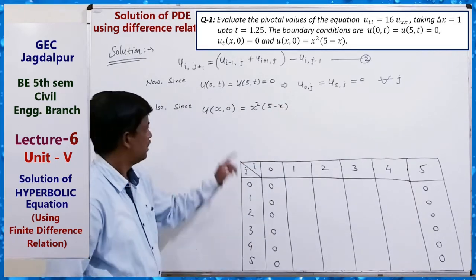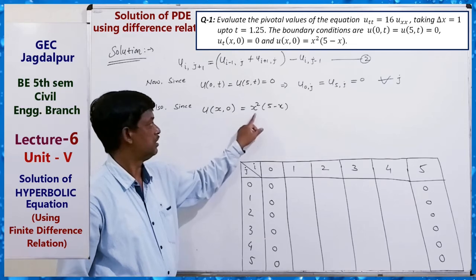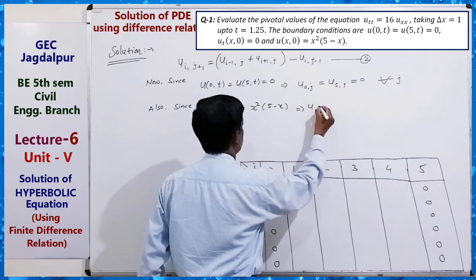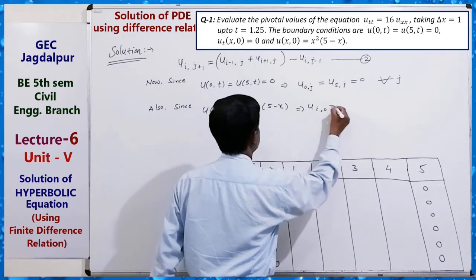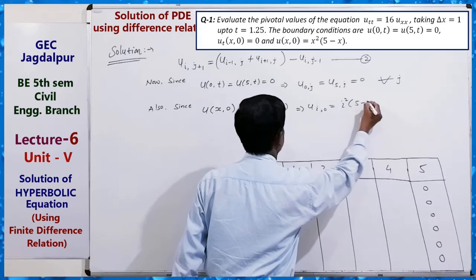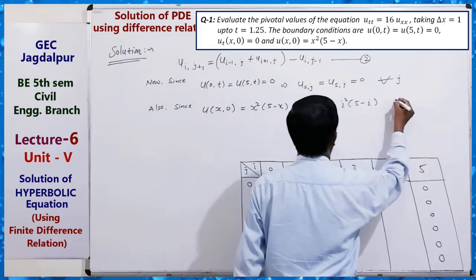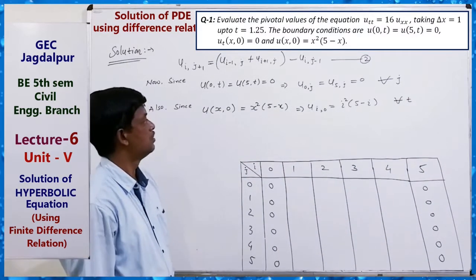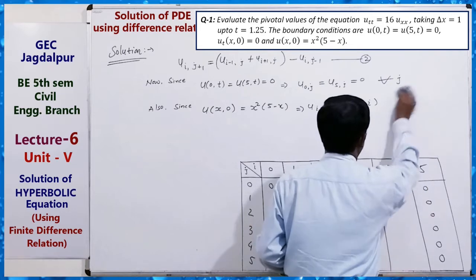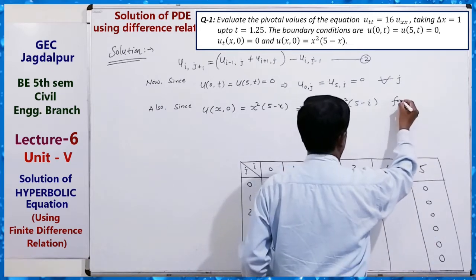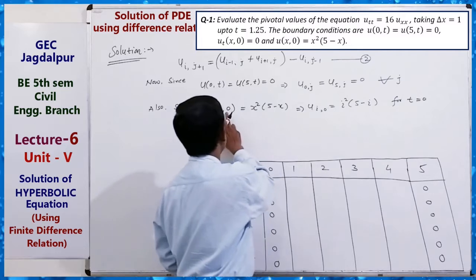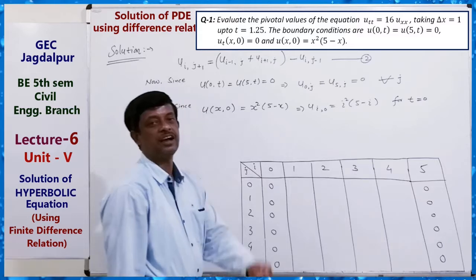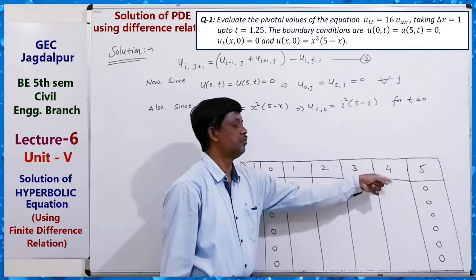This means in place of x, just put i. That is, we can write u i 0 equals i square into 5 minus i, for t equals 0, because here t equals 0. So from here we can get values by putting i equals 1, 2, 3, 4.